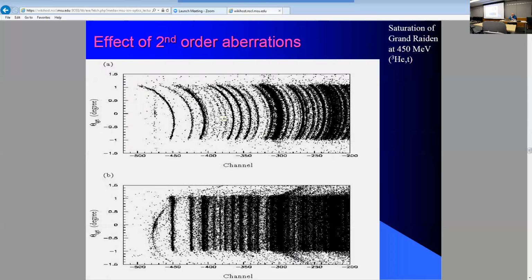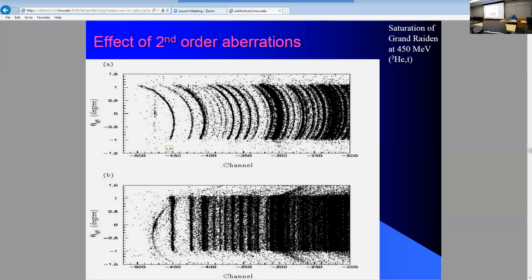You can correct, of course, but if you project it here by software, then you will see here like dog bones, not so much here, but here obvious, and that comes from multiple scattering from this uncorrected aberration.